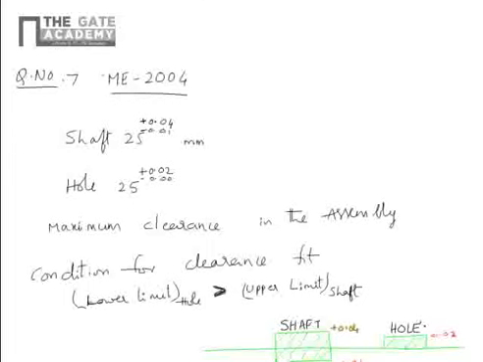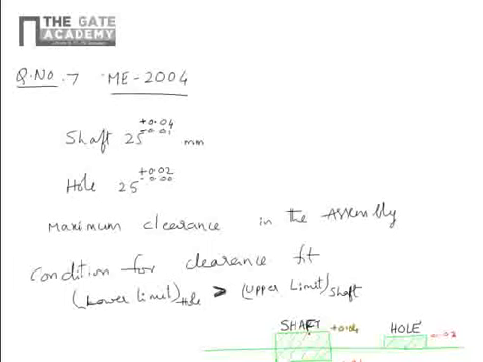So according to the clearance fit condition, the lower limit of hole is greater than the upper limit of shaft. So hole lower limit has to be greater than upper limit of shaft.